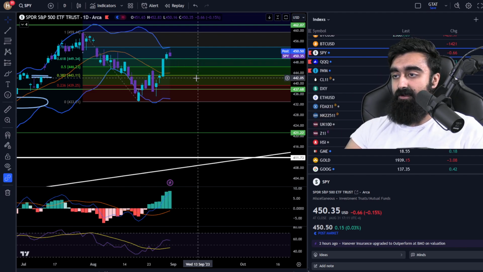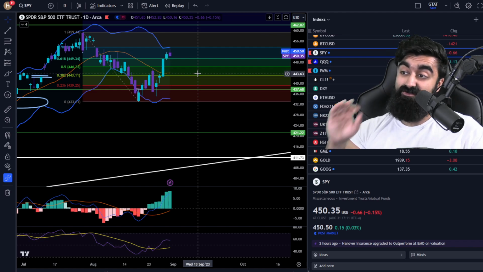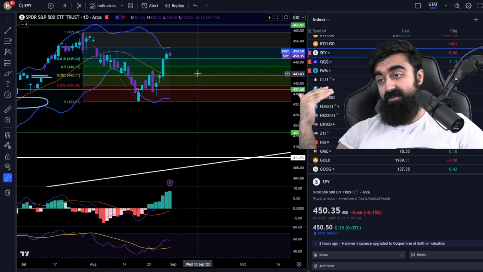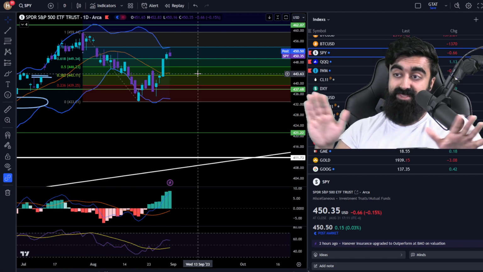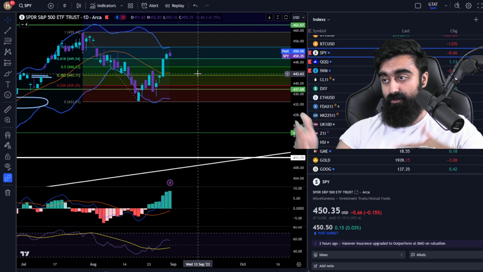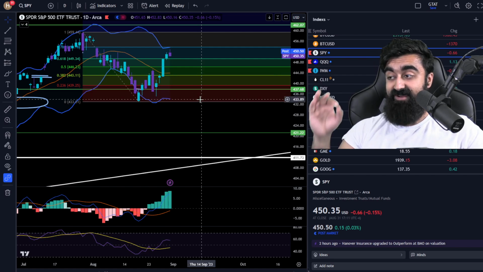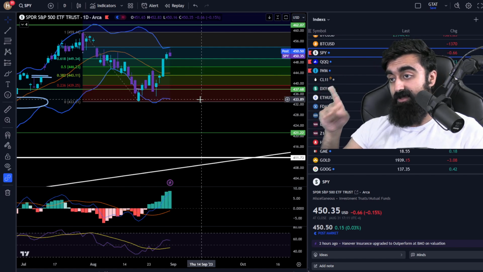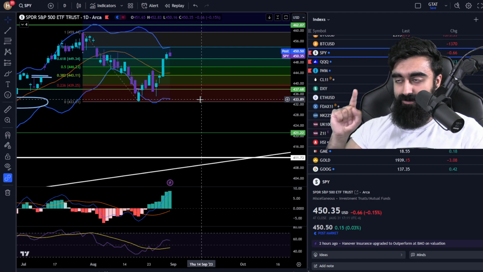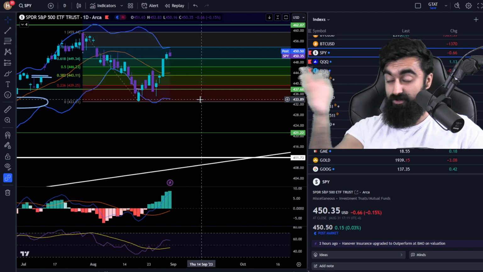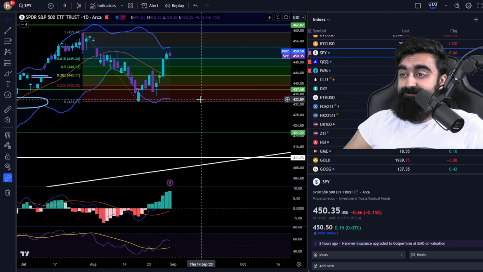The main level below 447 is 443. The main one is 435. That's a long way to go, but below 435 we could easily see 420. But in the immediate term, heading into tomorrow, 447 is going to be a major level of support. And then of course 443 is a major level of resistance on the SPY.